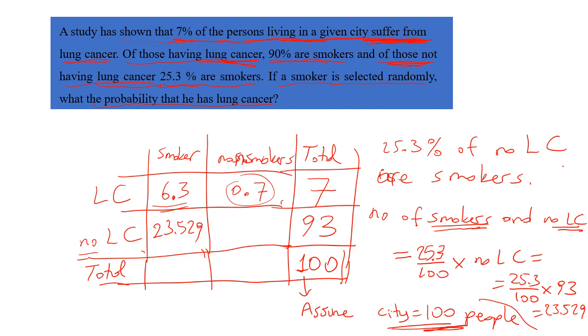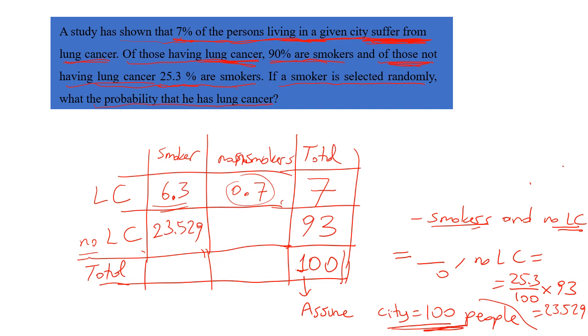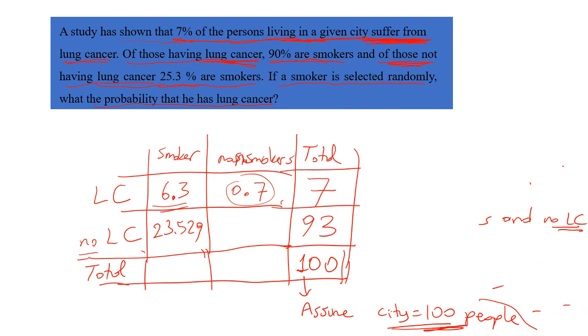And then we can do the rest now. The rest is easy. We can fill out the table because we know the totals. Here, 93 minus this value will give you 69.471.